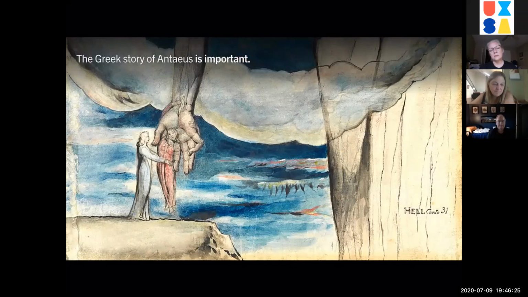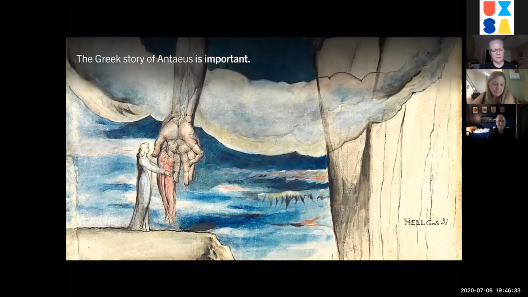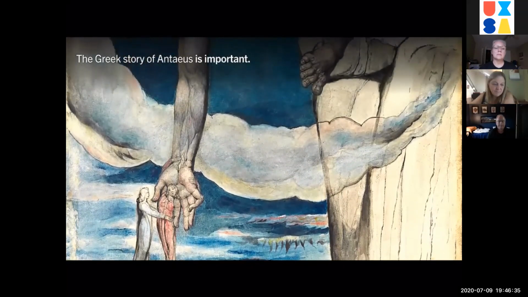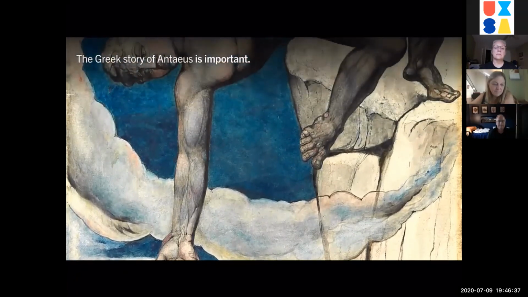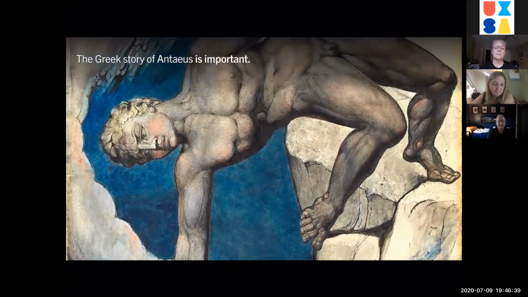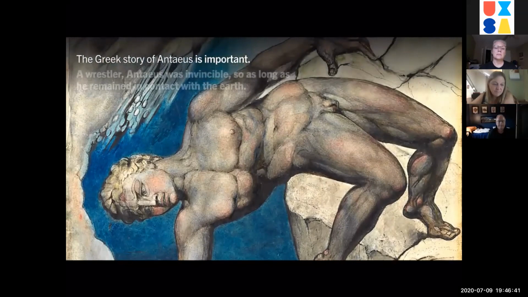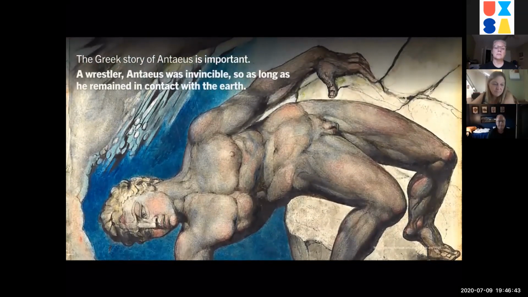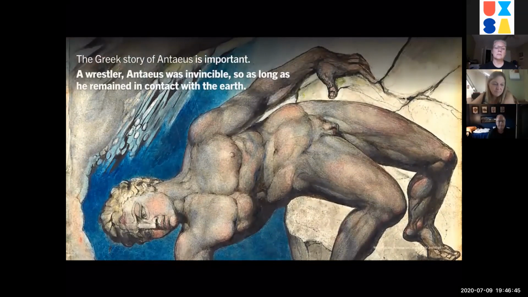Given sort of superpowers, Antaeus was invincible as a wrestler, so long as Antaeus stayed in contact with the ground. And it's a very interesting story because Hercules was able to conquer Antaeus, essentially by lifting Antaeus off the ground and choking him.